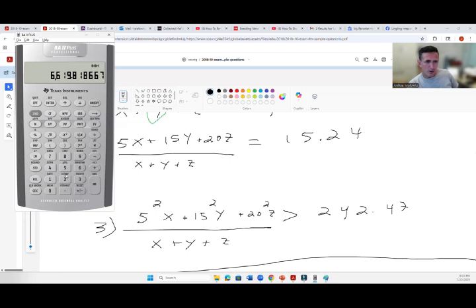So anyway, 5 squared times x plus 20 squared, which is 400, times z over, well, we know x plus y plus z is 9697. So that is 281.